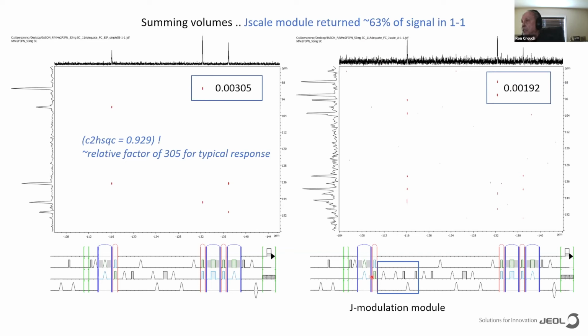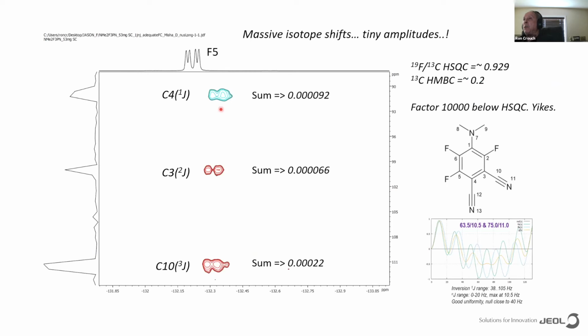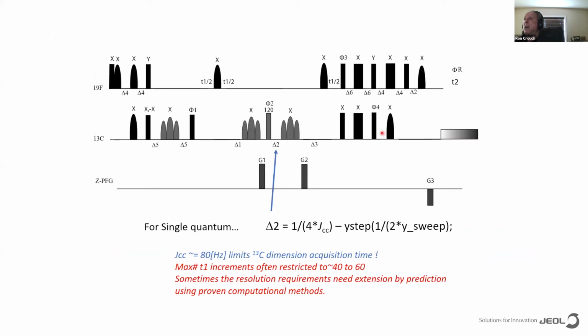So this J modulation in front of this first carbon transfer does cost us a little bit of intensity, but at least in the case of 1,1, it's not severe. In long range ADEQUATE, it's a very severe penalty. Bottom line, if we look at nJ ADEQUATE, it's the same thing, very, very low intensities. We need to look at what we can do to pull these up, or perhaps more accurately measure them.